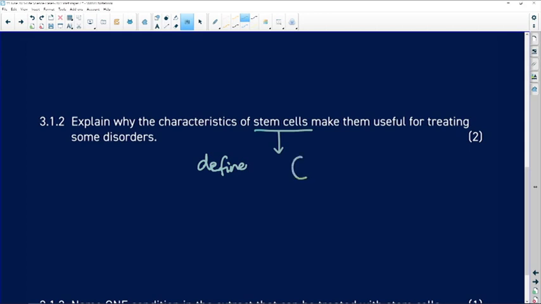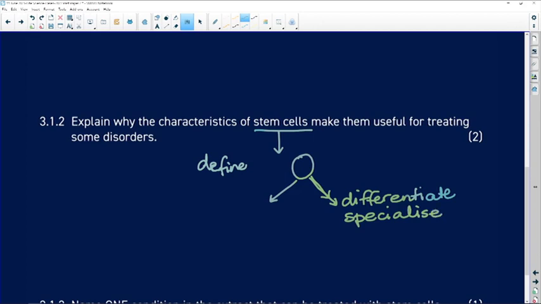So we need to say that when a stem cell divides by mitosis, some of the cells that are produced are going to differentiate, or they're going to specialize in their functions. So some of those cells are going to, for example, become blood cells or neurons or whatever.